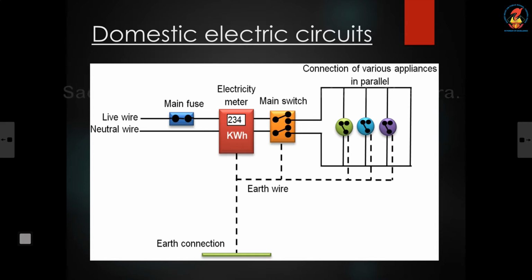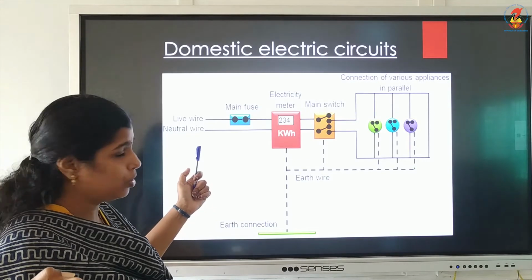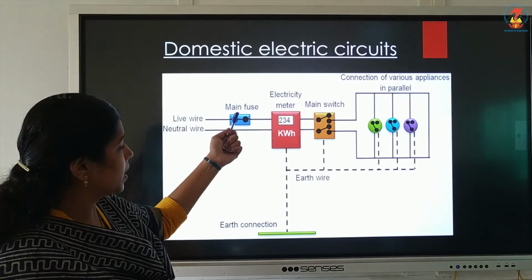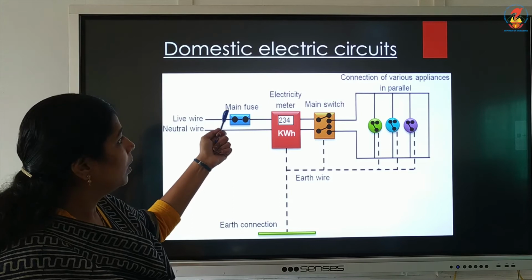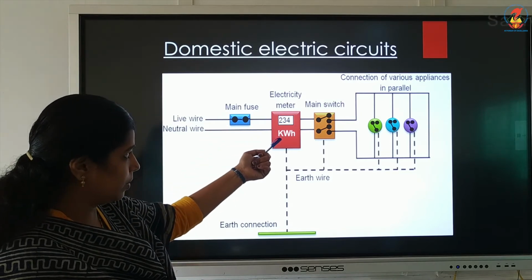Then we will connect various appliances in parallel. So, two wires, the live wire and the neutral wire, are coming from the electric post near our house. The live wire is passing through the fuse wire, the main fuse. Then it will pass through the electricity meter.